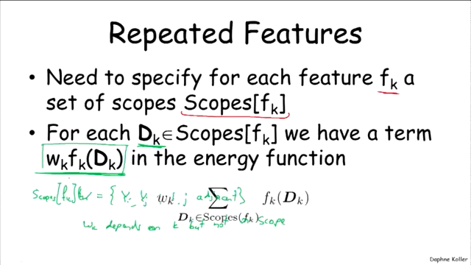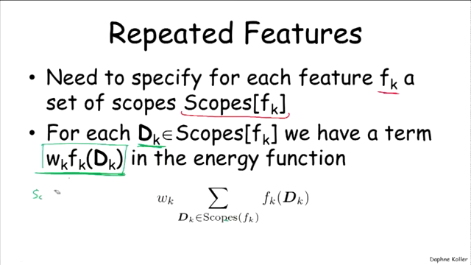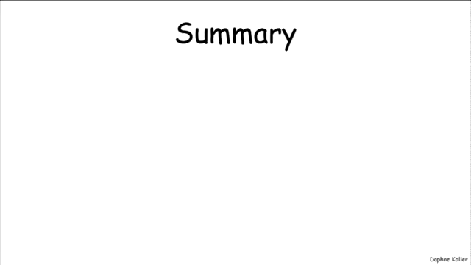Said otherwise, we will have a term in the energy function which has wk times the sum of the features across all the scopes to which it applies, which is just a way of aggregating like terms that all have wk in them.